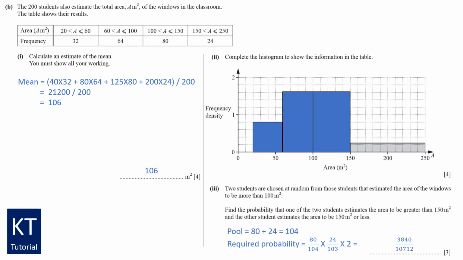With only students that estimated the area of the windows to be more than 100 meters squared, the pool is really just 80 plus 24. The required probability is the sum of when it is greater then less, plus when it's less then greater. This is equal to 80 over 104 times 24 over 103 times 2.